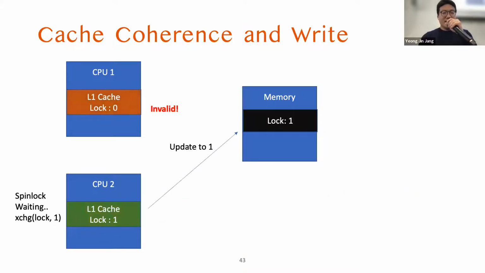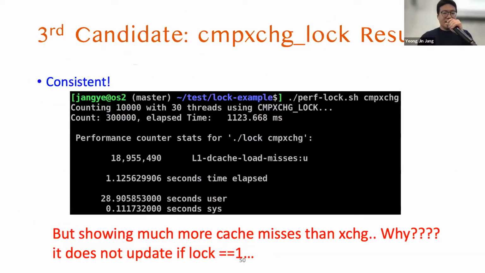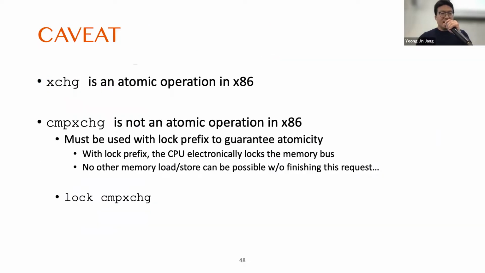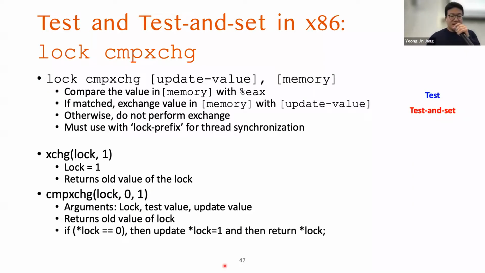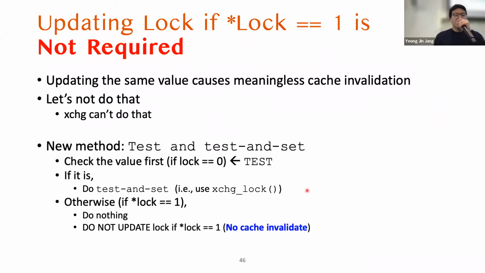So that's the insight: updating the lock variable if the lock variable is already 1 is not required. If we don't do that, we can reduce the number of cache misses.